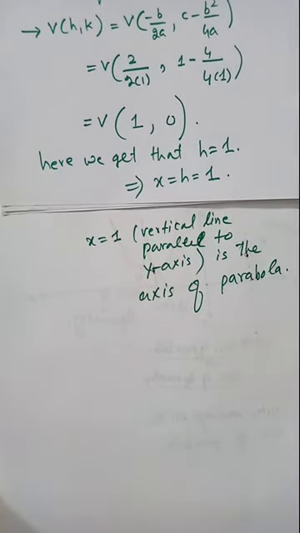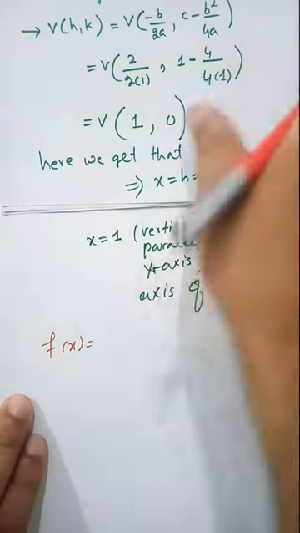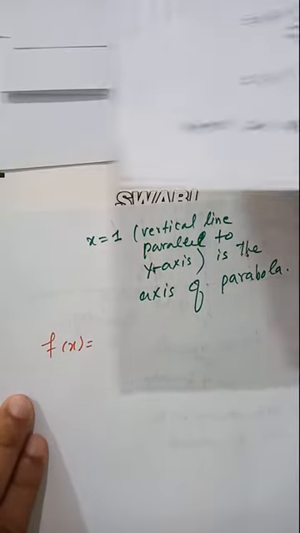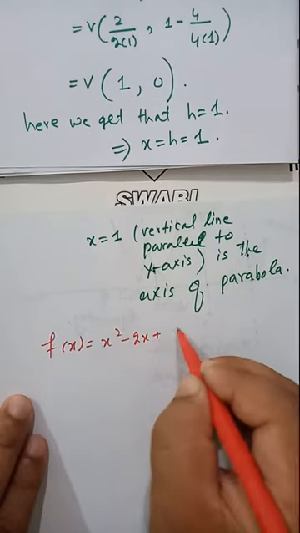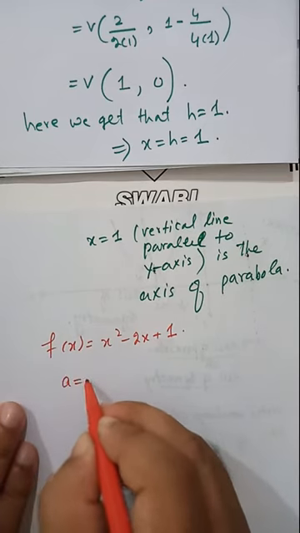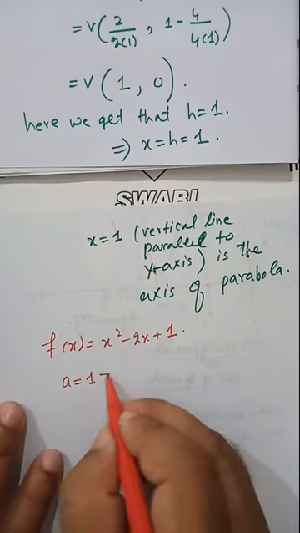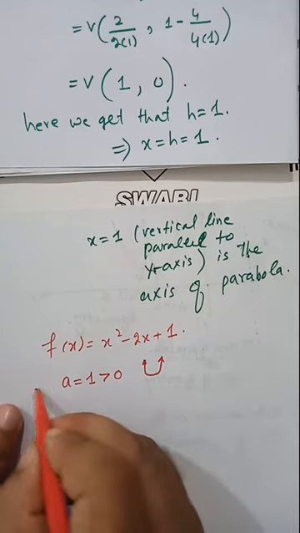What we conclude for the given function f of x is equal to x square minus 2x plus 1: the value of a is 1, greater than 0, so the branches will be upward. That is the first point.